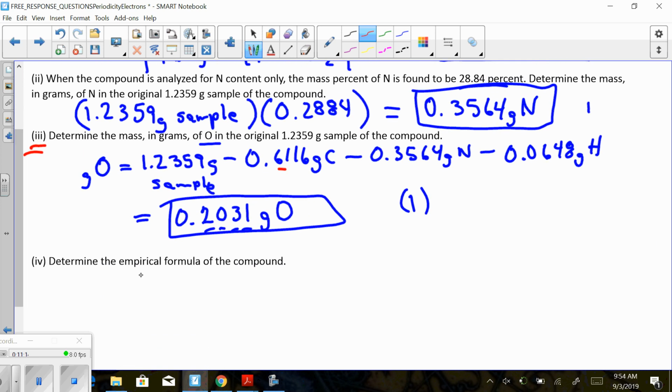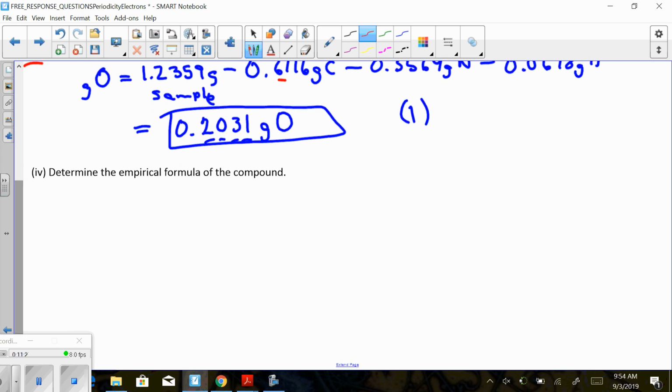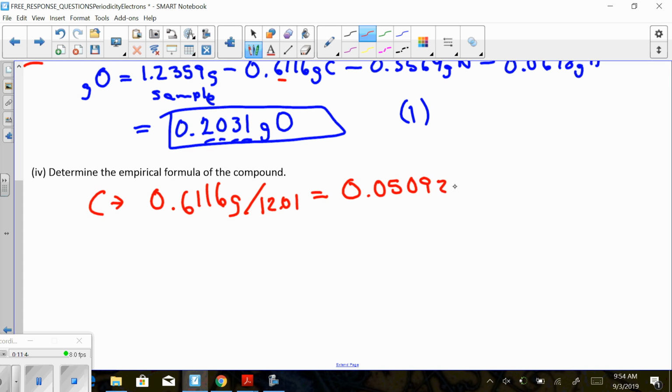Okay, last step, to determine the empirical formula of the compound. The last step is to take all of those masses and convert them to moles to get the ratio of moles. So if I look at carbon, I have 0.616 grams. If I divide that by 12.01, I get 0.05092 moles.